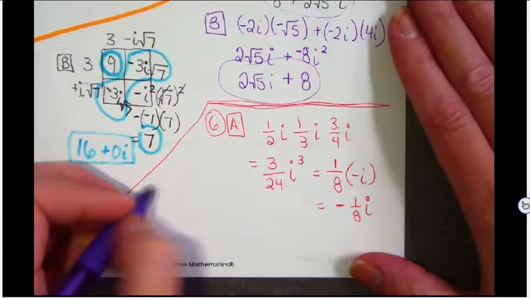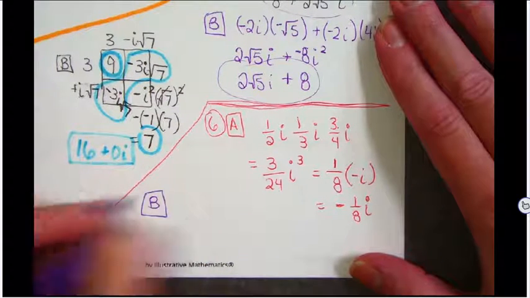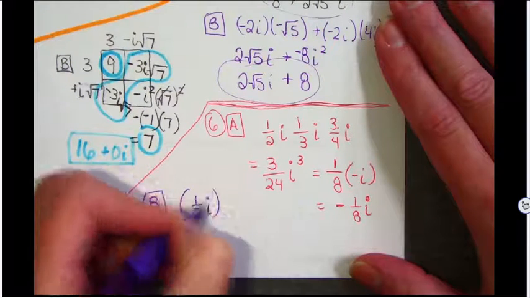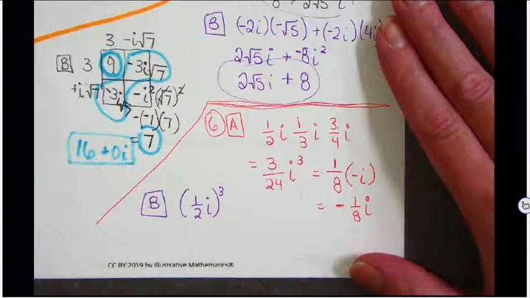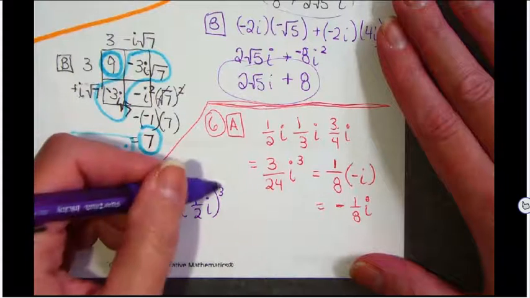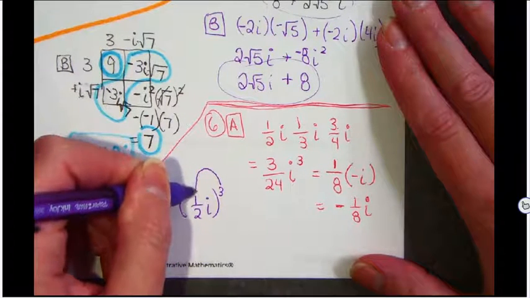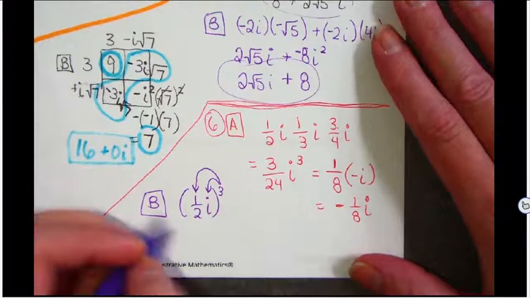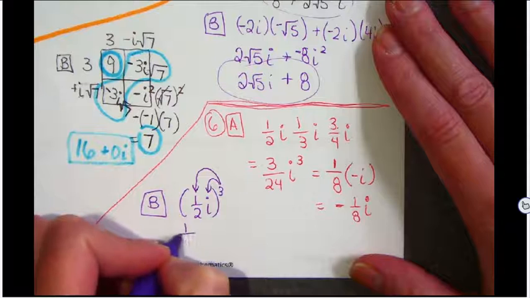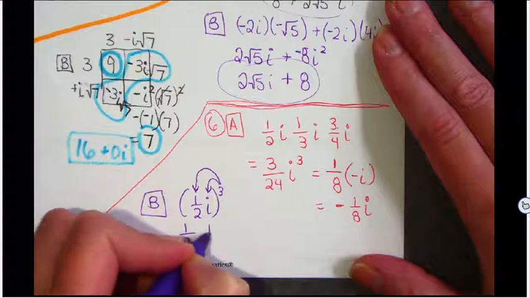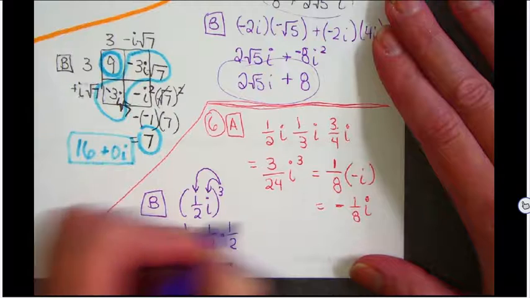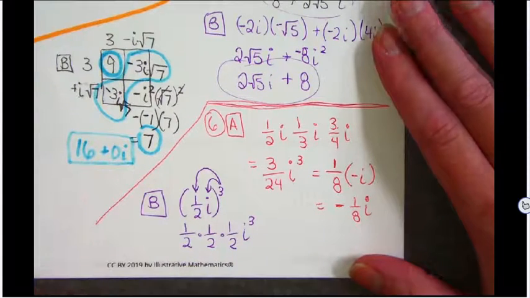Let's see if partner B would get the same thing. Partner B from up above has 1/2 i in parentheses to the third power. So the third is applied to the half, and the third is applied to the i. So I have 1/2 times 1/2 times 1/2 times i to the third.